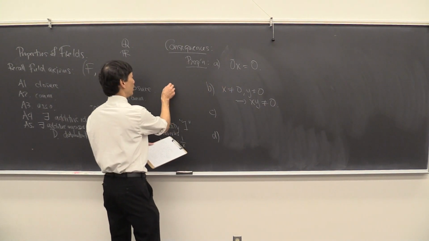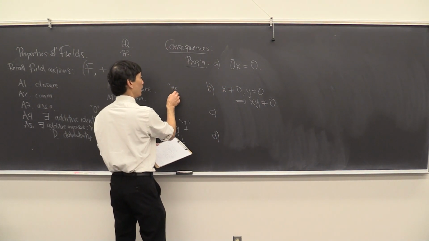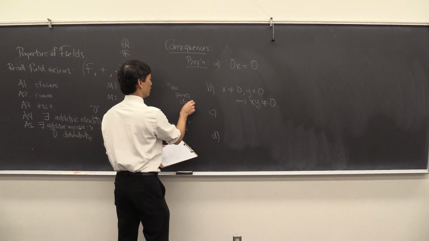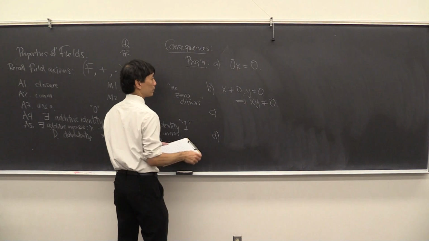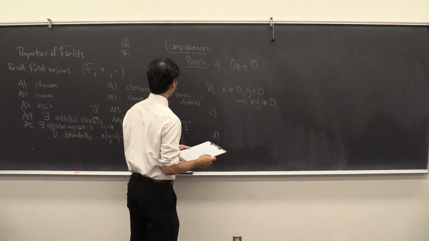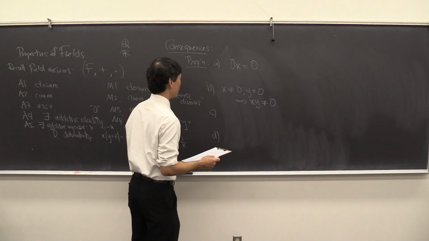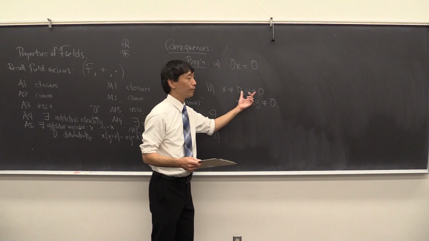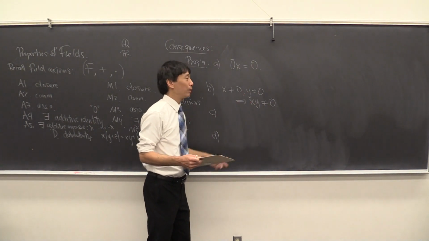So this is the no 0 divisors. Right, that the only way you could get a 0 is if one of the things is 0, right?